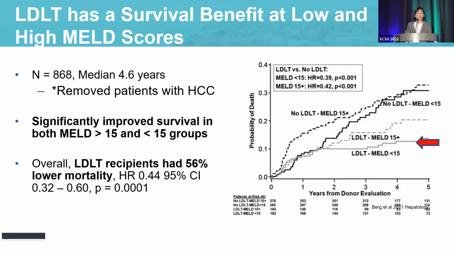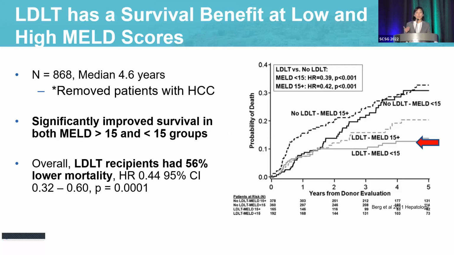A consortium that was created many years ago that included 12 centers, the A2ALL, or Adult to Adult Living Donor Liver Transplant Consortium, has studied this extensively. Living donor liver transplant has a survival benefit whether your MELD is low or high. They did this study looking at 868 patients, following them over a median of 4.6 years.